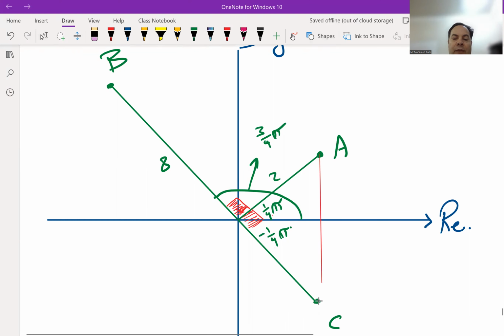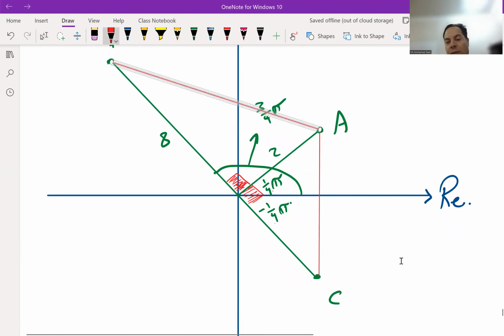Area of triangle ABC. Now it's clear. We have the length of the base and the length of the height. Just one step, you can find the area of this triangle after proving that this is a straight line and AO is perpendicular, so you can use it as the height.